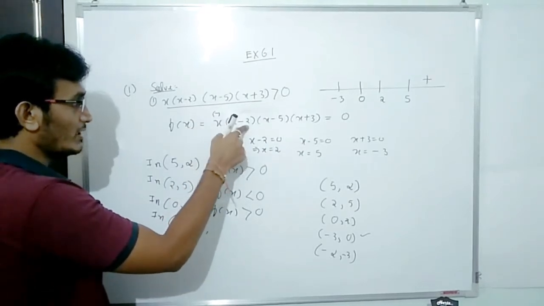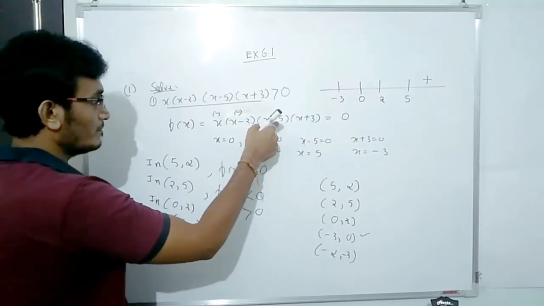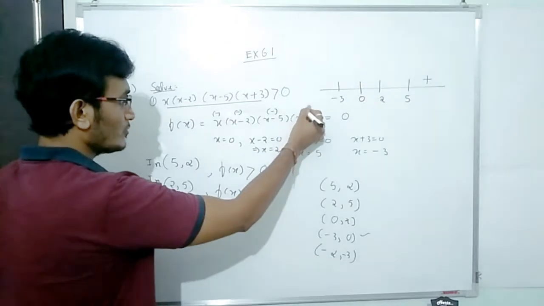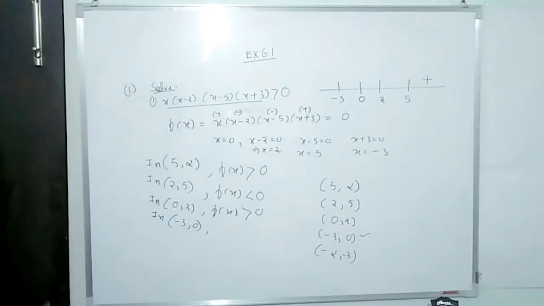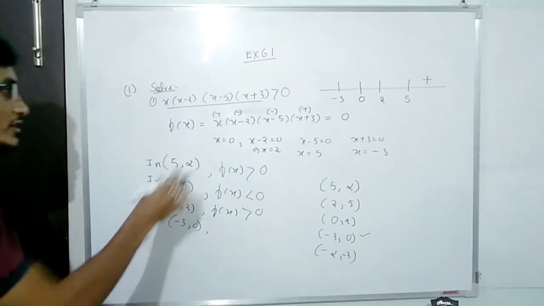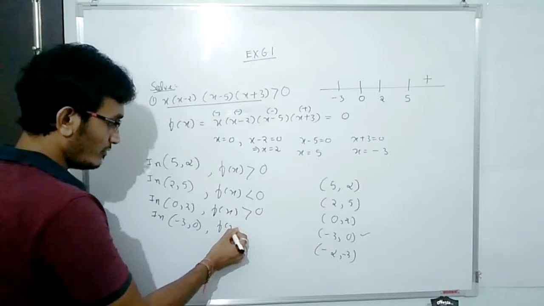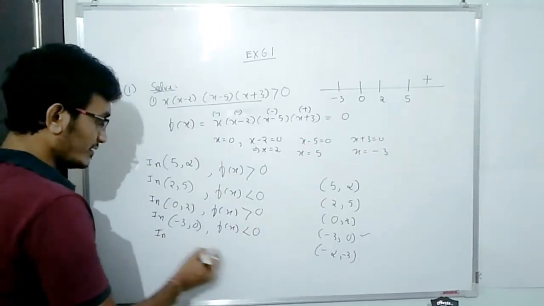Then minus 1 minus 2 is minus 3, again the minus sign. Minus 1 minus 5 is minus 6, again minus. Minus 1 plus 3 is plus 2, plus sign. That means we get 3 minus signs. Since we're getting 3 minus signs, the final answer will be minus. So f(x) will be less than 0.